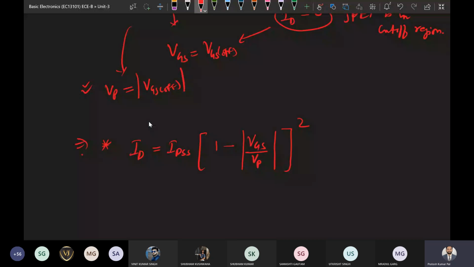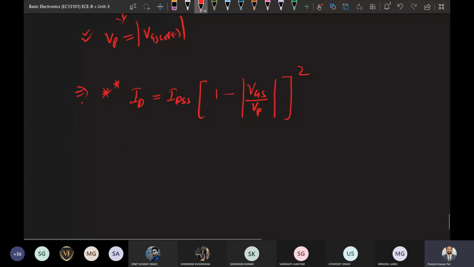So we can represent ID equals IDSS times (1 minus VGS by VP) whole square. The mod is used if you don't want to keep the signs of VP and VGS in relation. VGS off is the VGS when ID equals 0, and VP is the case where ID equals IDSS.